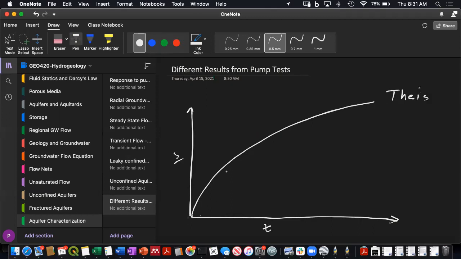All right, this is our Theis response. And we're going to remember that basically all of these have an early time Theis response.